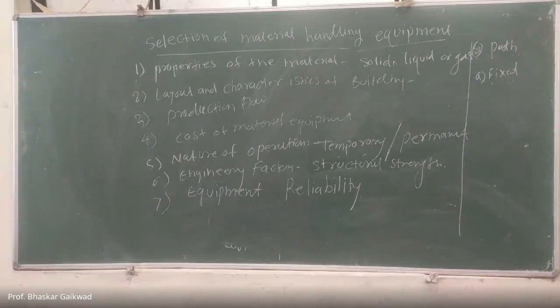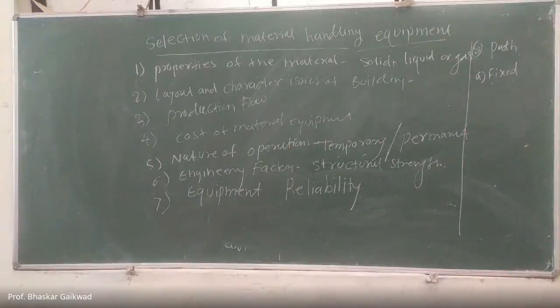This man normally requires experience and a lot of time gets wasted while handling the materials manually. So instead of this, we can use machinery or equipment for material handling. So these 8 points are very important while selecting the material handling equipment.